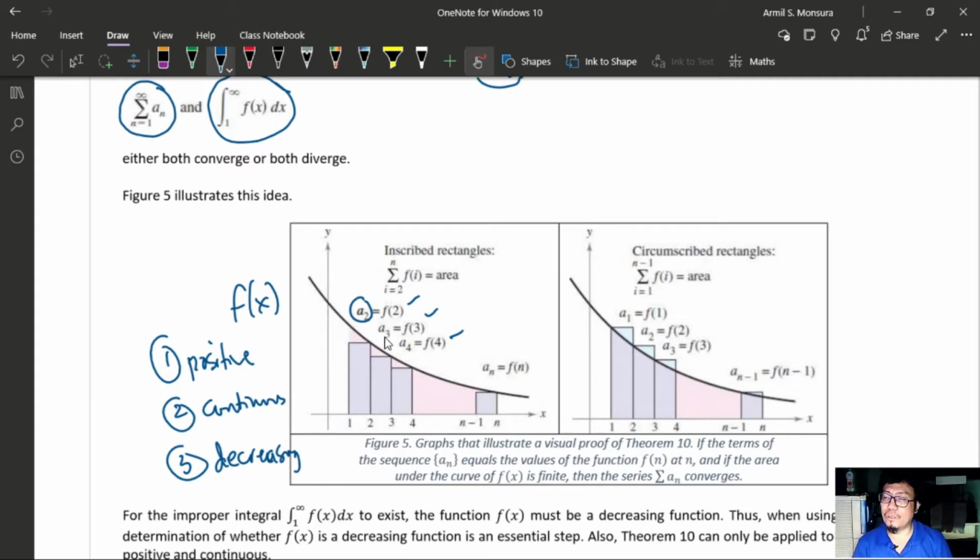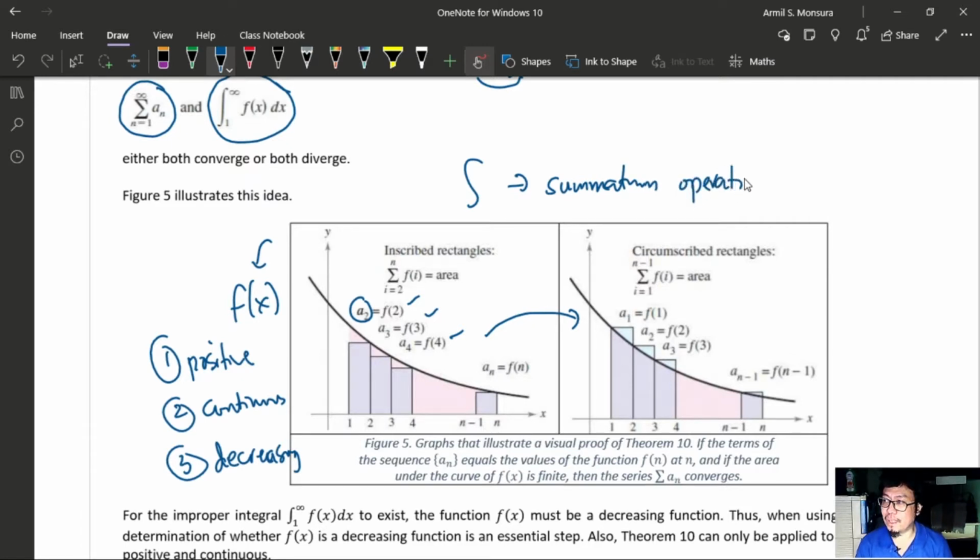Now, going back, a2, a3, a4 are function values of your f of x for n. So it's either this case or this case, where you either inscribe rectangles or you overlap them. But in both cases, summation or integration is actually a summation operation.